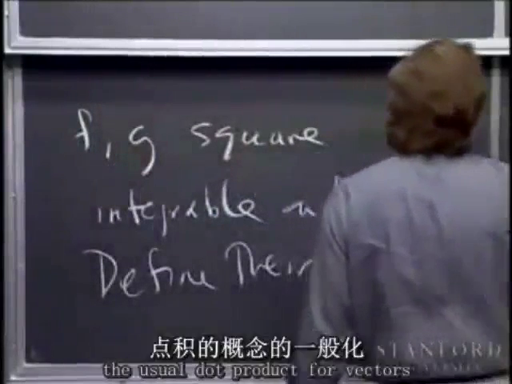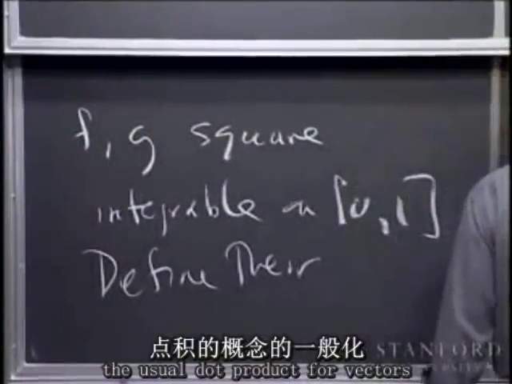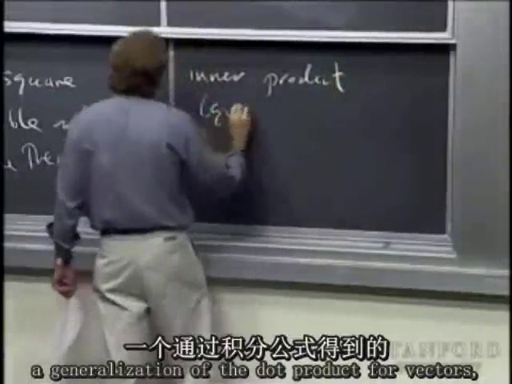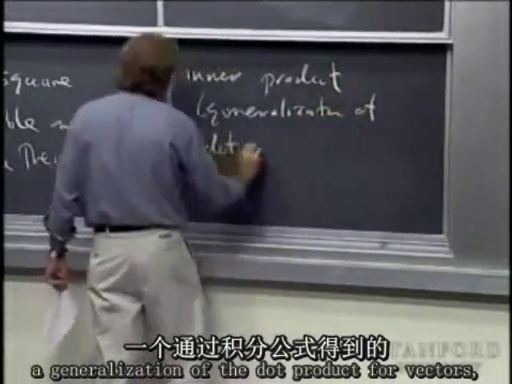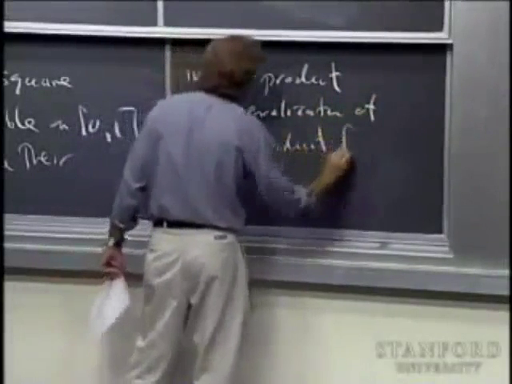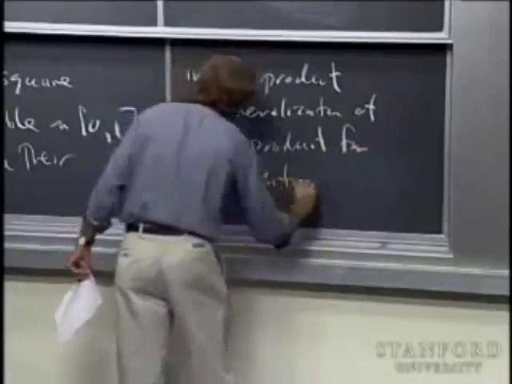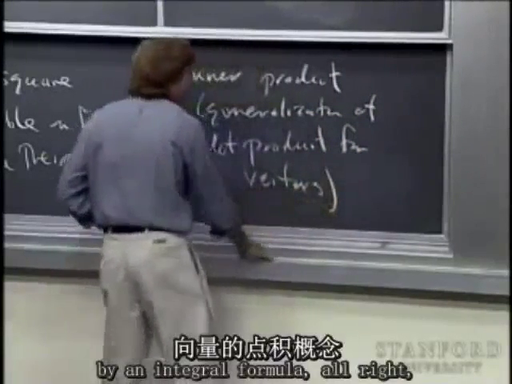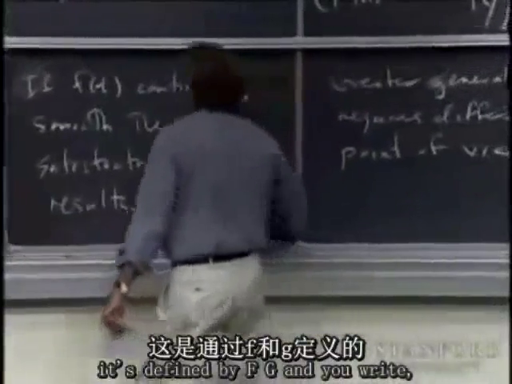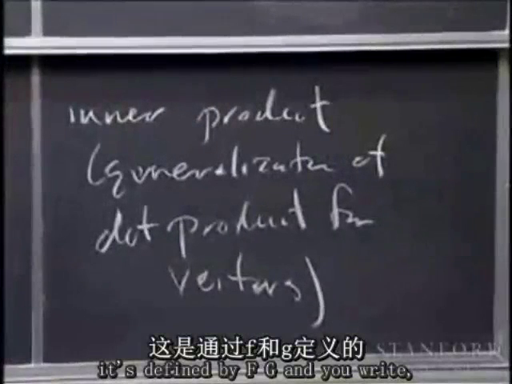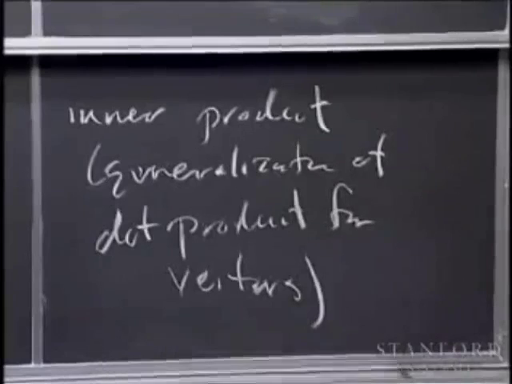which is a generalization of the usual dot product for vectors, by an integral formula. It's defined by (f, g), and there are various notations for it, but a common notation is just to put them in a pair.